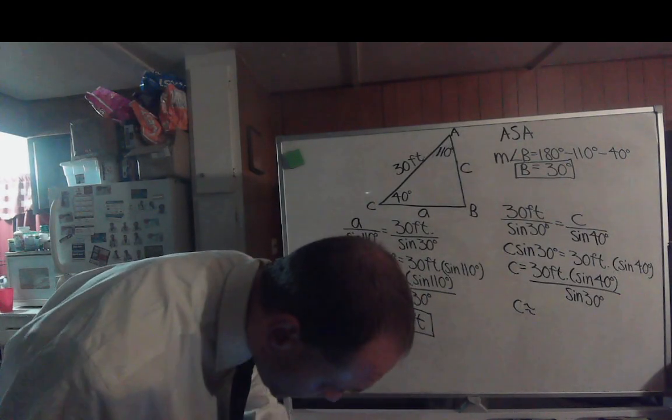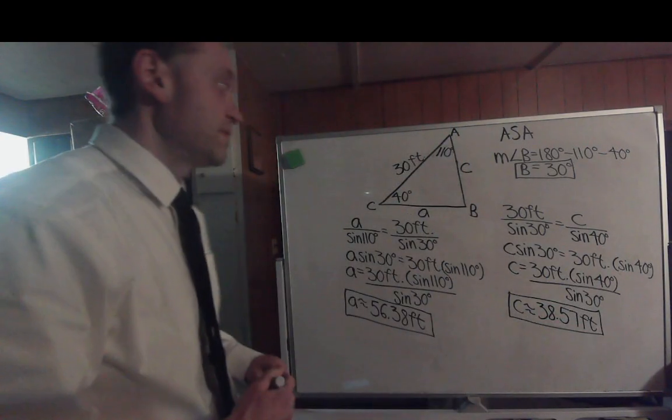To 2 decimal places, you should get a length of approximately 38.57 feet. So that should give you that side C has a length of approximately 38.57 feet.